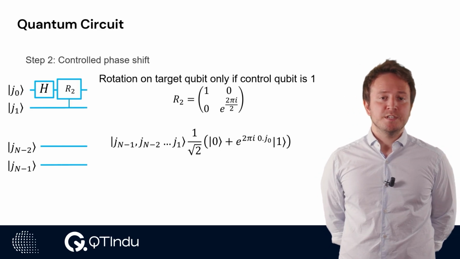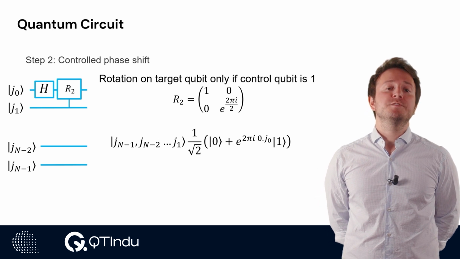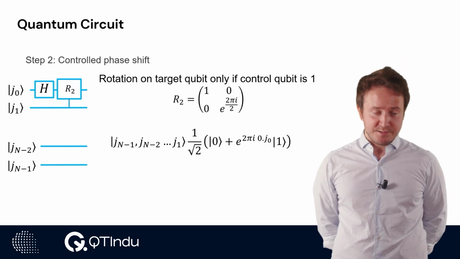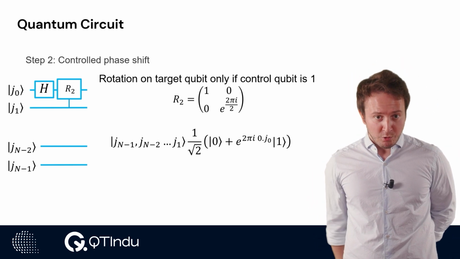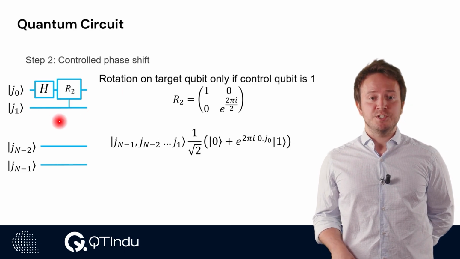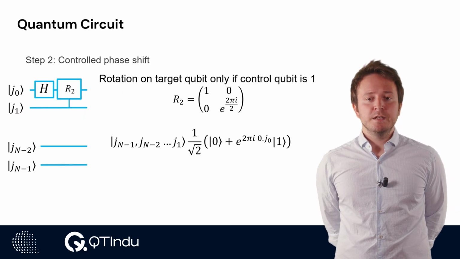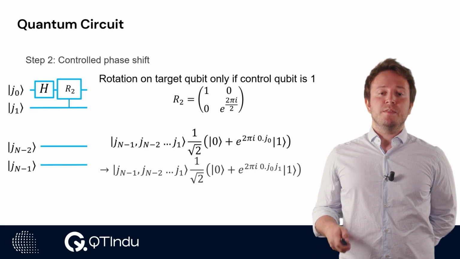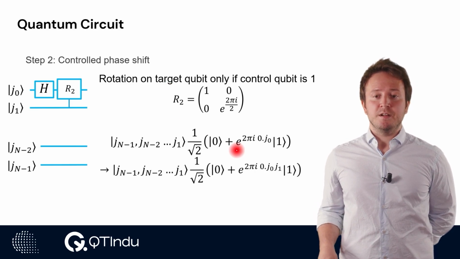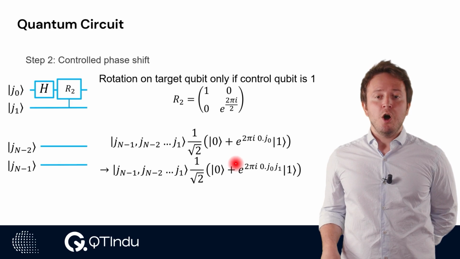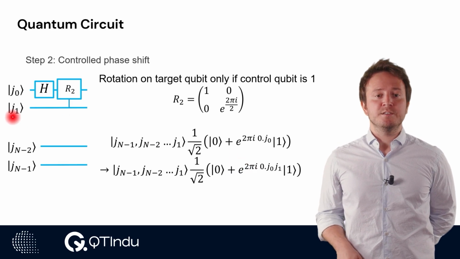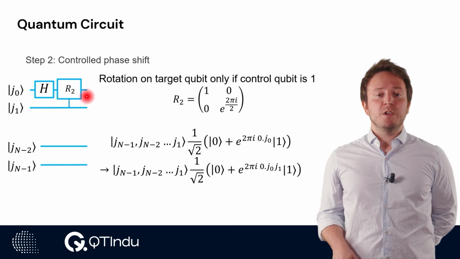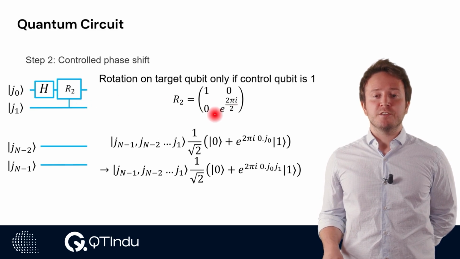The second step is to apply a control phase shift to the first qubit as a target qubit with control on the qubit j1. Now, what this does is essentially applying an extra conditional shift only if the control qubit is 1. We will phase shift the target qubit.